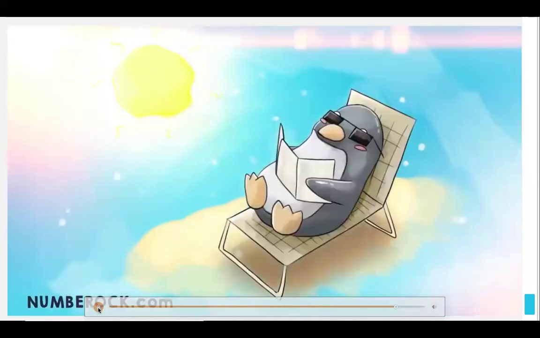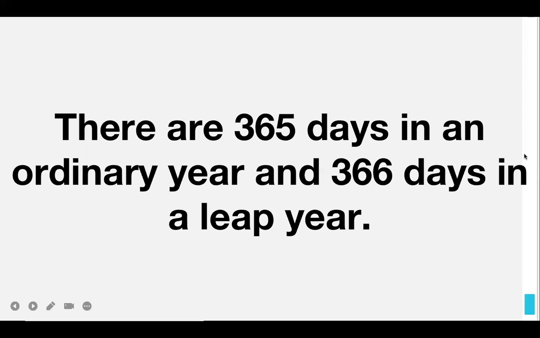Okay, these are the months of the year. So there are 365 days in an ordinary year. And like this year, it is a leap year. So we have 366 days in a leap year.